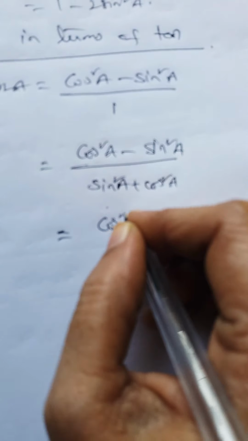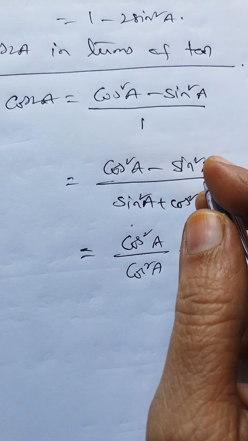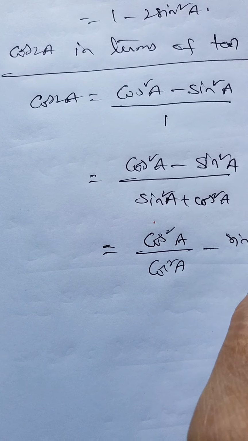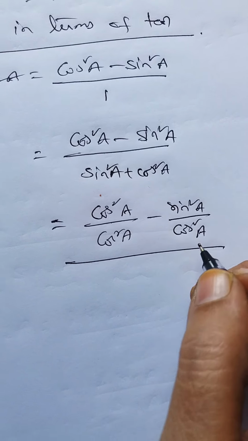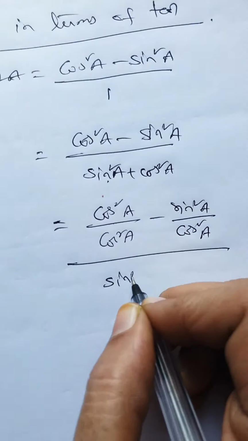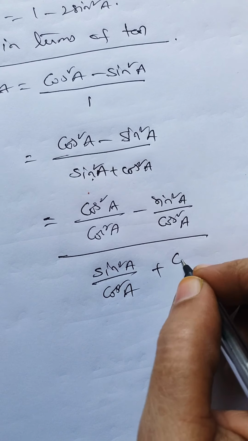Now divide each and every term by cos square a. So by dividing we will get cos square a by cos square a in the numerator, minus sin square a by cos square a, because I want it in terms of only tan; and in the denominator sin square a by cos square a plus cos square a by cos square a.